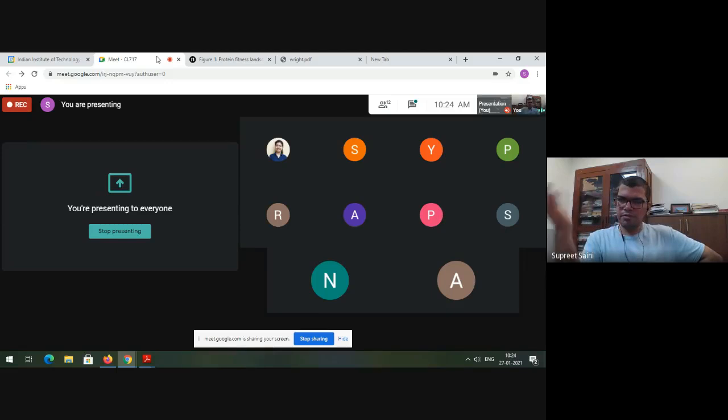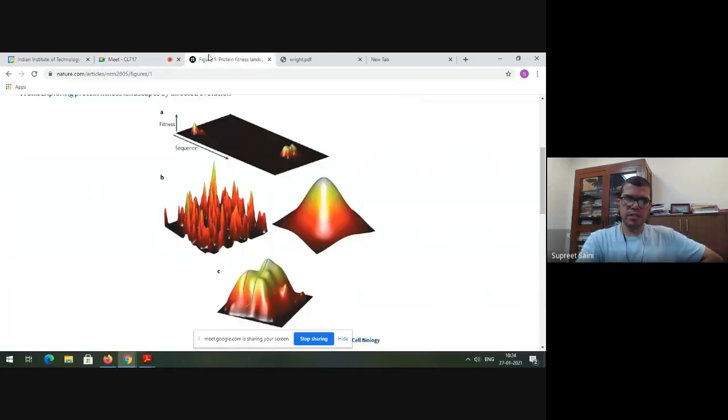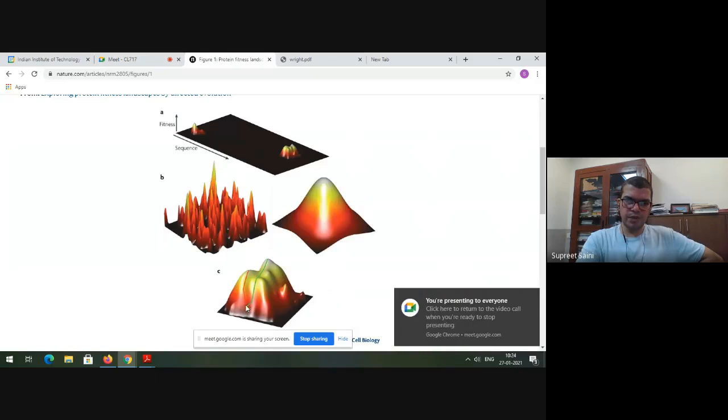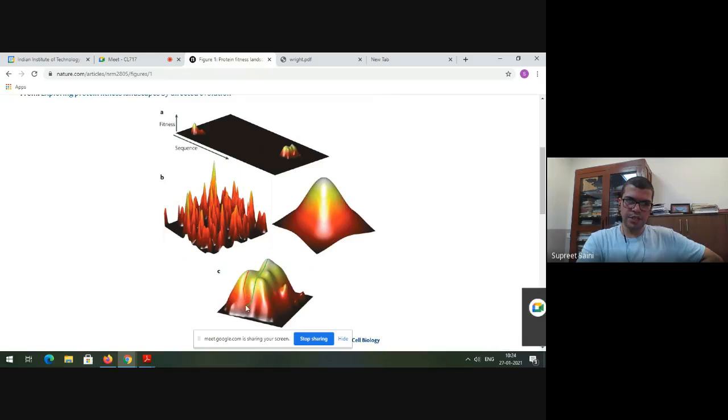But there is another force that dictates evolution, which is called drift, which is the role of chance events in dictating evolutionary fates. For instance, in this particular instance, when I start the population from here, whether the population moved in this direction or this direction is a completely chance event depending on in which direction the first mutation took place.